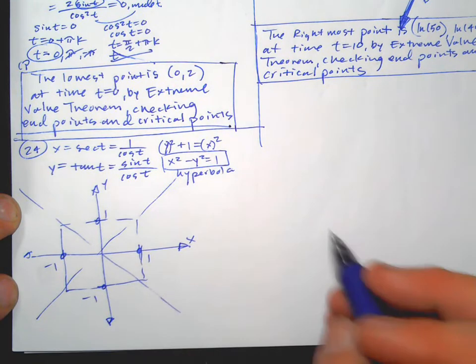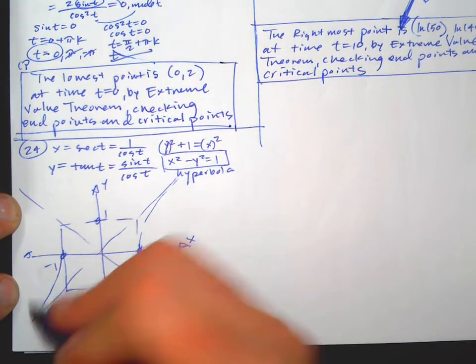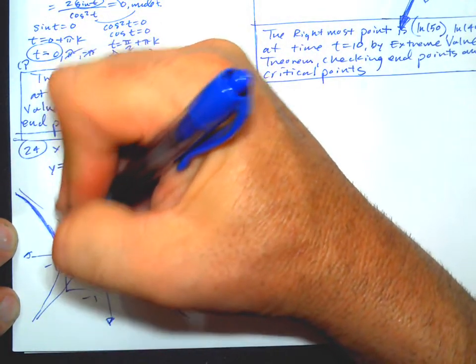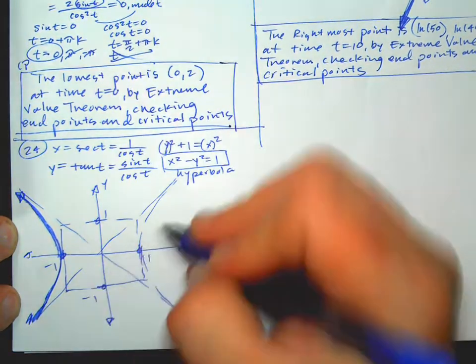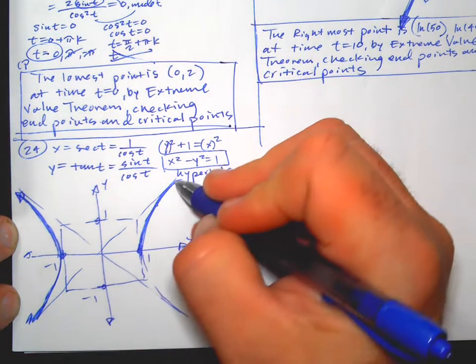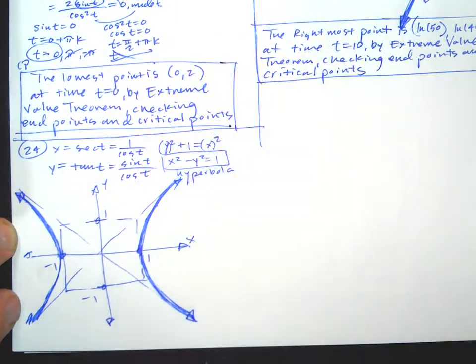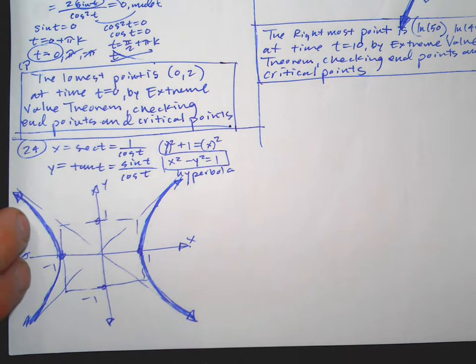Okay, this one's going to be a right-left graph, and if we put any time in, then it's going to be the whole thing. So I'm just going to draw the whole thing. We don't really have any time limits, but this would be the curve for any time. Okay, well, yeah, let's draw the whole graph.